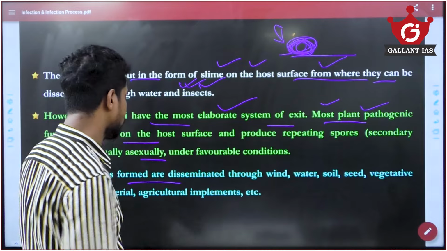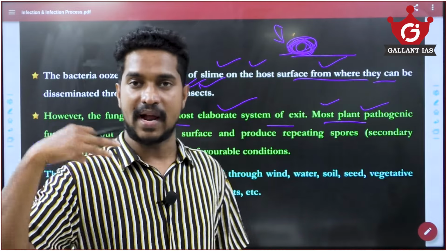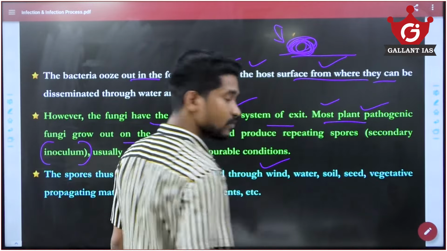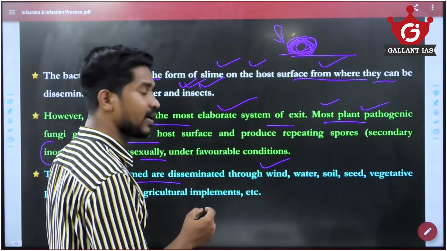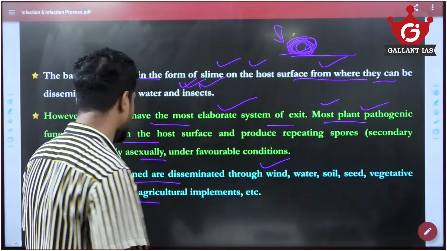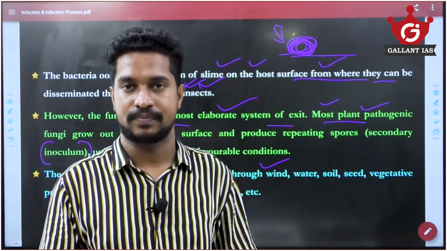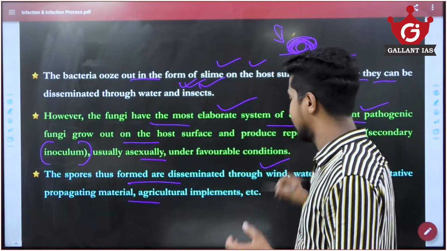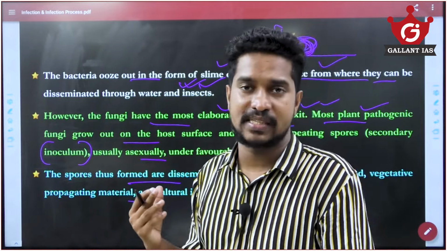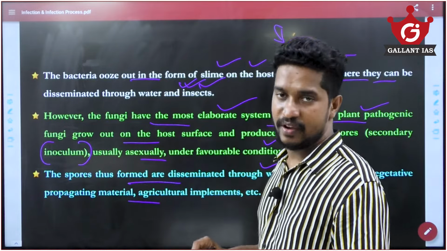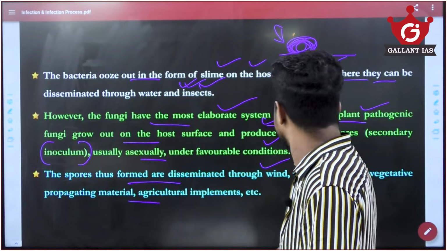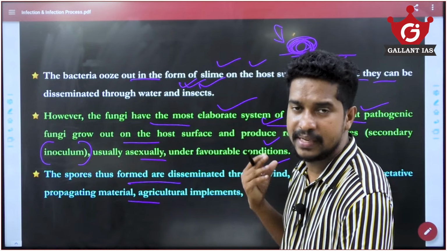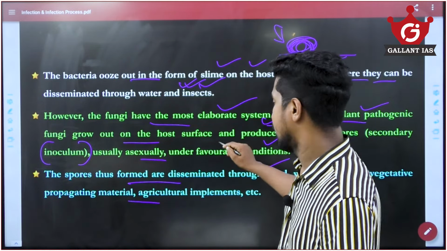The spores thus formed by the fungi are disseminated through wind, water, soil, seed, vegetative propagating material, agriculture implements, etc. So most plant pathogenic fungi grow out of the host surface and produce repeating spores called the secondary inoculum, usually asexually.